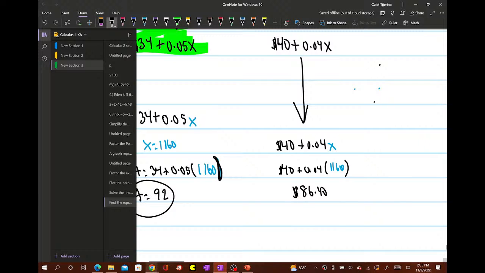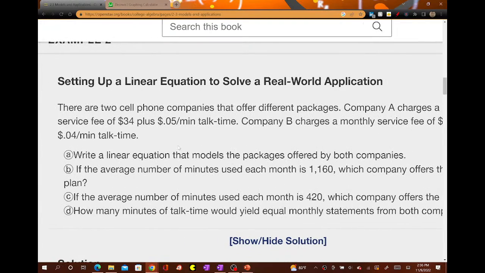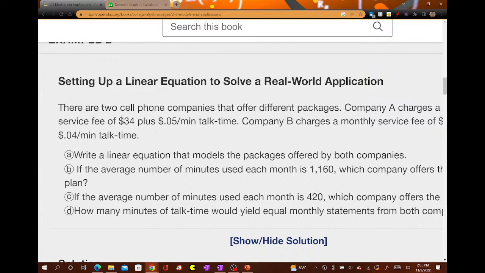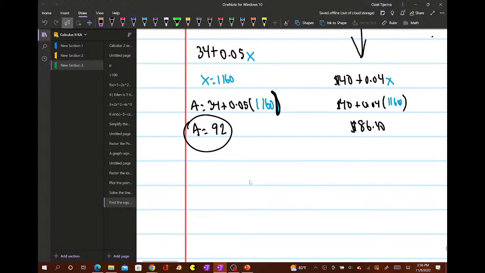And then the problem asks, according to those two things, which company offers the better plan? So company B would actually offer the better plan because it is cheaper.